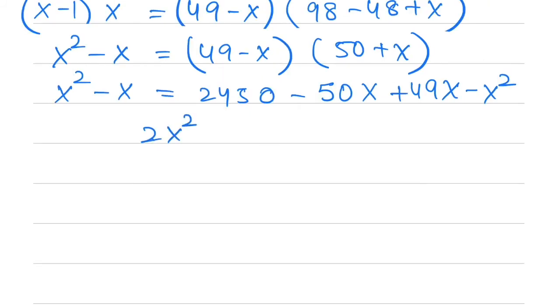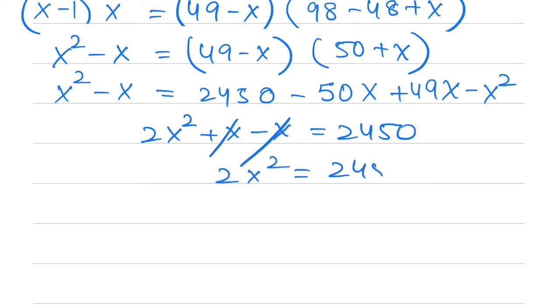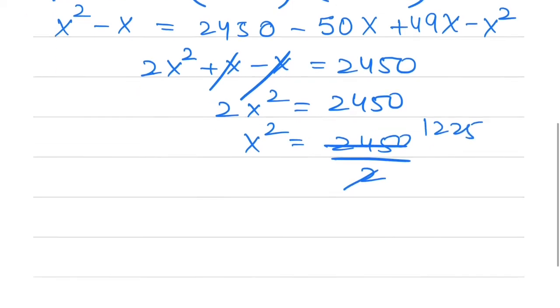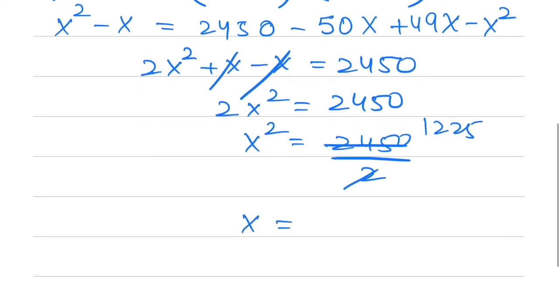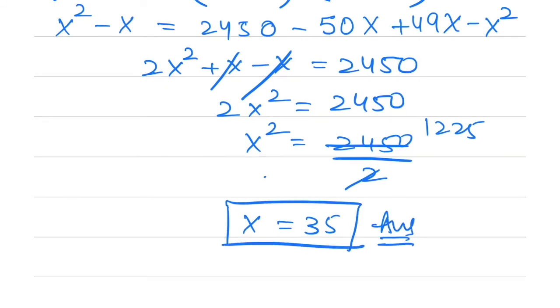We have 2x square, and this is plus x minus x is equal to 2450. So this gets cancelled, and we have 2x square is equal to 2450, x square is equal to 2450 divided by 2, so we have 1225. So x is equal to 35. That's a perfect square answer.